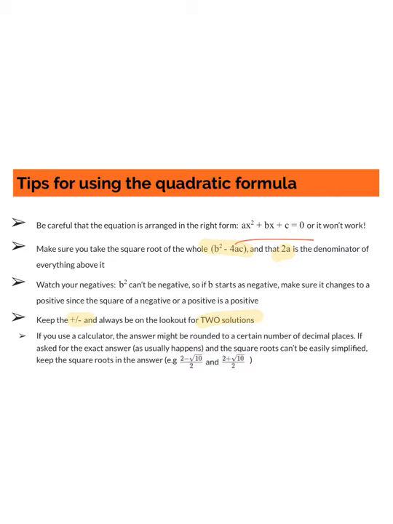So you want to just keep the square root symbols in there. This right here is the exact answer. If I went and typed that into my calculator and got the decimal, that would be the approximate answer. So it's equivalent to using the symbol pi versus 3.14, just like we discussed back with rational and irrational numbers.